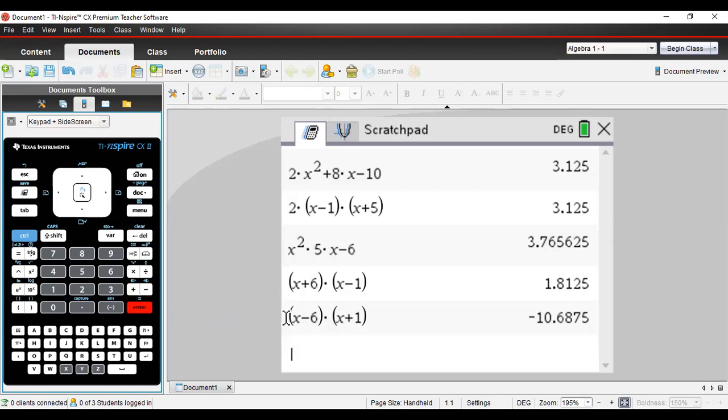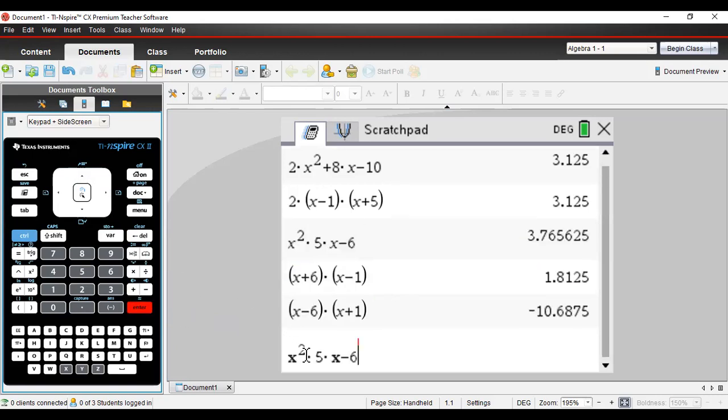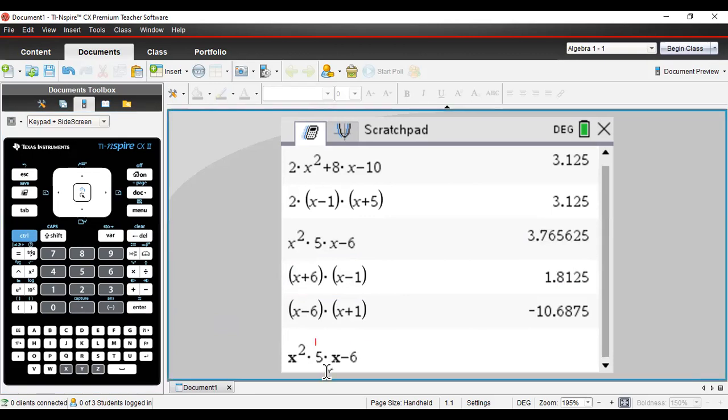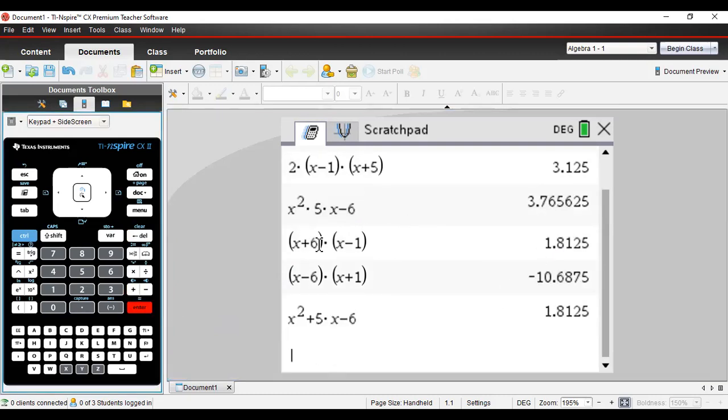Let's see here. Did I enter these? Oh, there you go. You see, you gotta enter in your original expression. I got a times here. It should be a plus. So I press enter. And that was the original one that I chose. I just didn't enter it correctly. So this is a very good point.